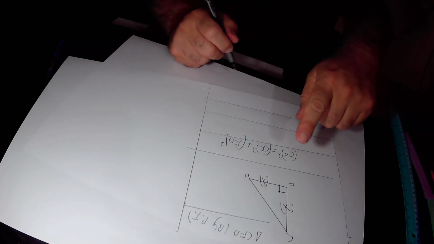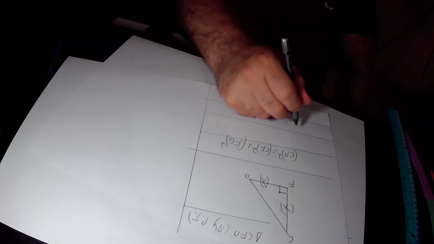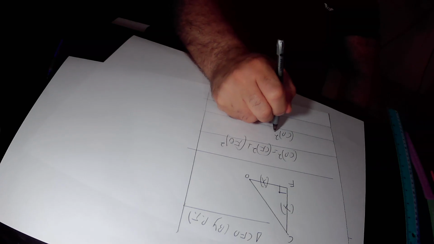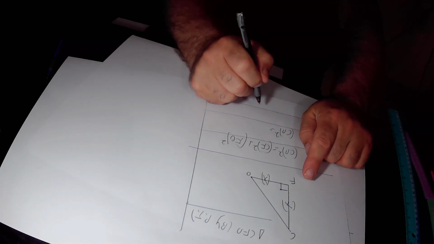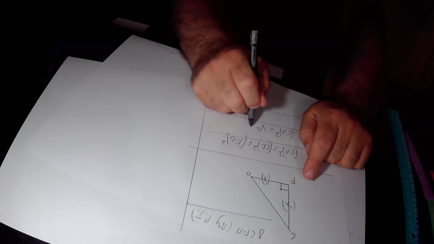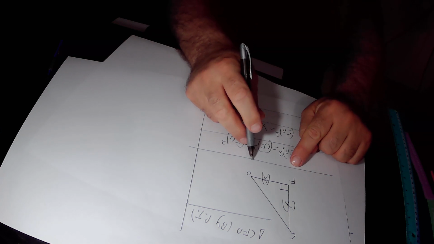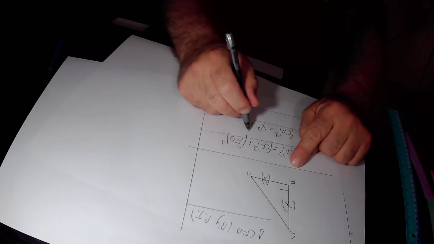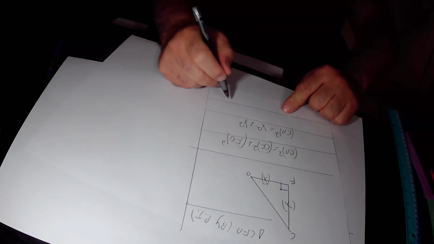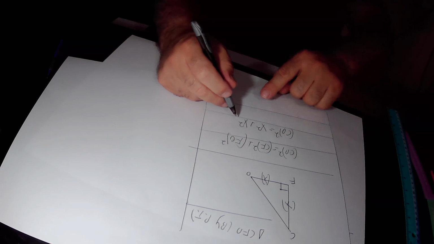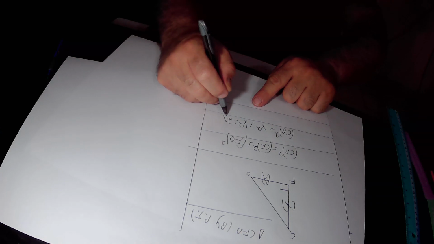CO is the missing side, therefore we will leave it as it is, so it is CO square equals CF square. CF equals x, therefore CF square equals x square, plus FO square. FO also equals x, therefore FO square equals x square. So we found out that CO square equals x square plus x square, that is 2x square.